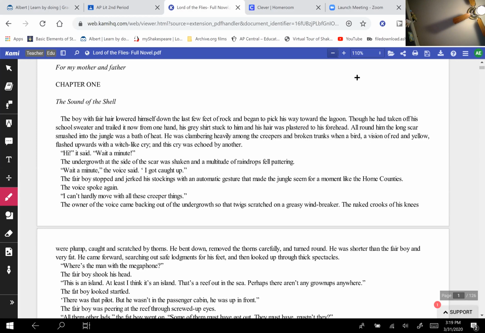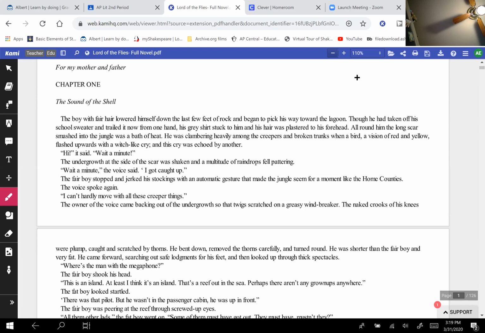So what you have is Golding setting up kind of a social experiment here. And there are a few things that are rather important. One, it's important that these are British schoolboys, because to understand the context of the novel, you have to understand where it's coming from.